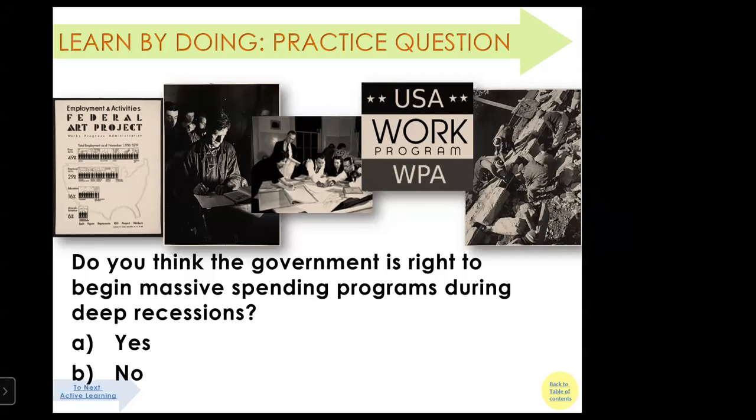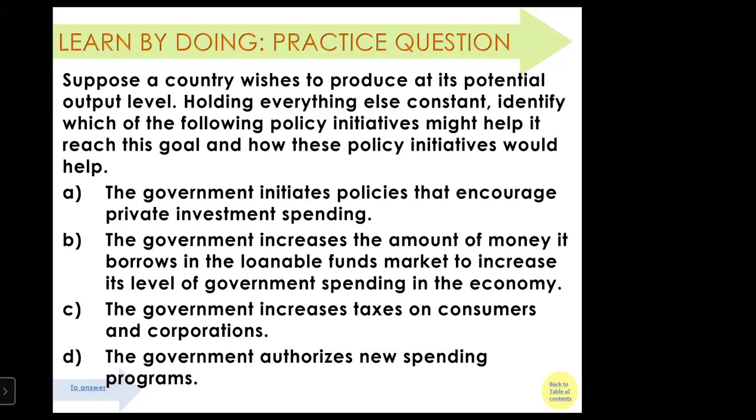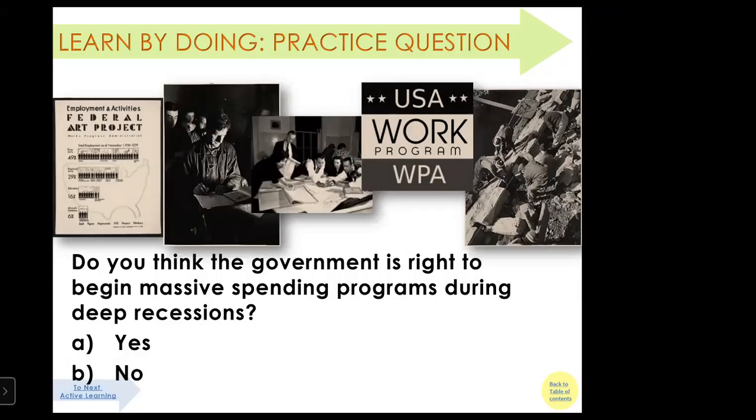In 2020, on the worst day, the unemployment rate was close to 20%. The government's massive spending will help to restore the economy back to long run potential. Hence it makes sense for the government to intervene.